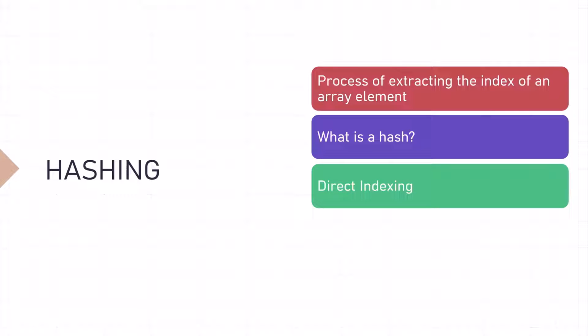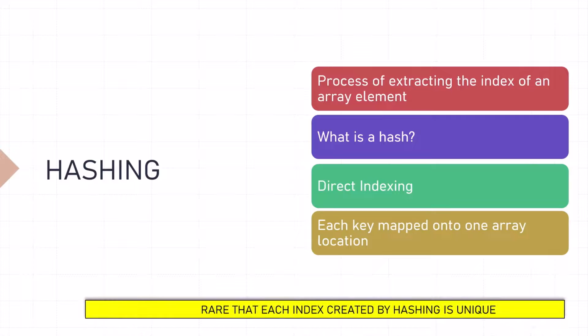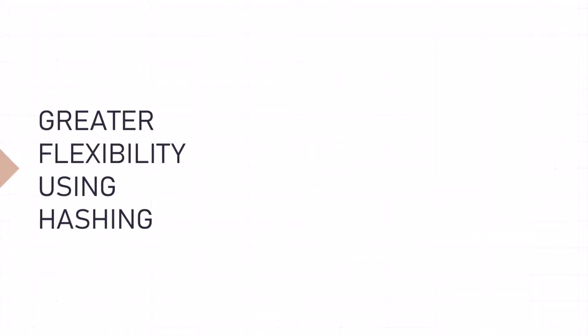With direct indexing, each index is unique, which means that each index or key or hash maps onto one and only one array location. But this is rare when we're using hashing. So let's now look at how to generalize hashing to provide for more flexibility.